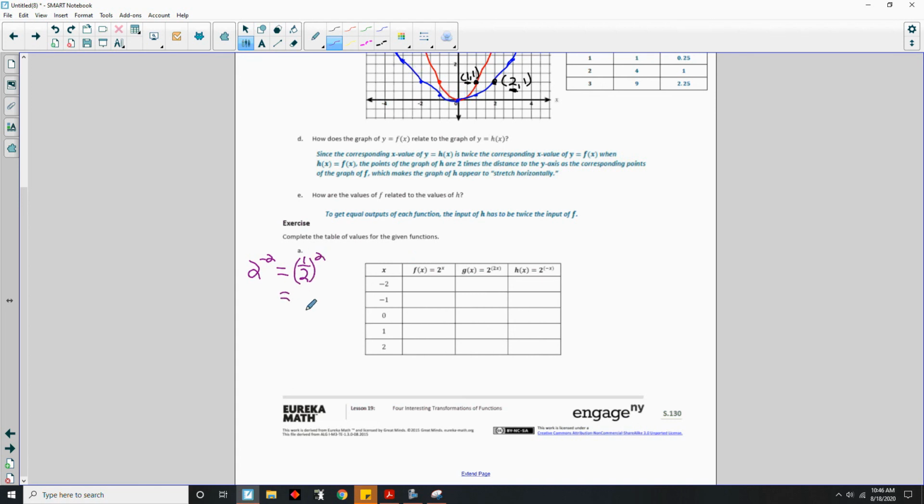If you don't recall the rules of exponents from Math 8, the -2 tells us to take the base and take its reciprocal, because that is 2/1. So you flip it and change the sign to positive, and 1/2 squared, then you distribute. 1 squared is 1, and 2 squared is 4. So that's 1/4.